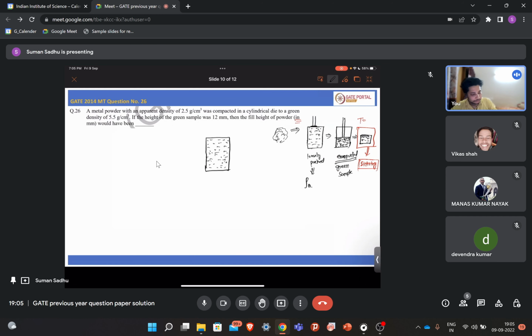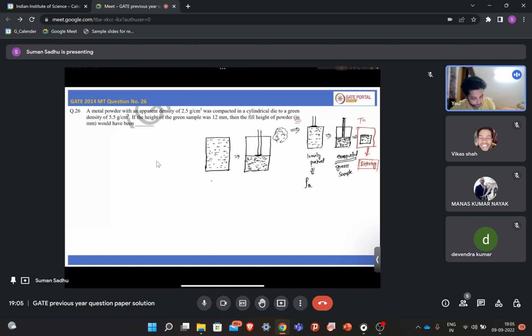Then let's say you compacted it. So when you compacted, then it goes into the next stage. There the density increases and it becomes a much more compacted form, right? This is the piston. So there, this is rho A, this is rho G. Rho G means green sample, the density of this green sample after compaction.